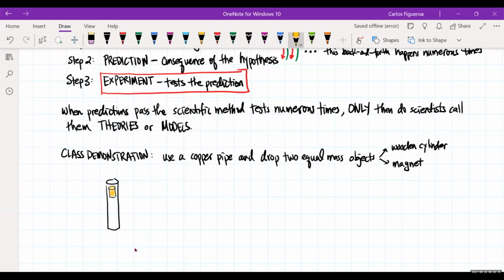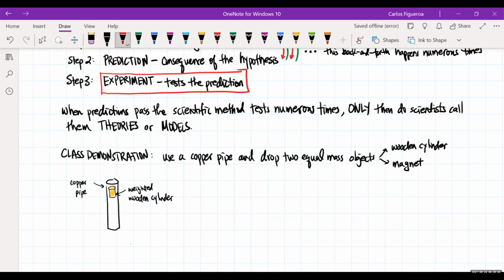And so if I look at this thing, this guy right here is my copper pipe. This guy right here is a weighted wooden cylinder. And the weight of that wooden cylinder is the exact same weight as the magnet.